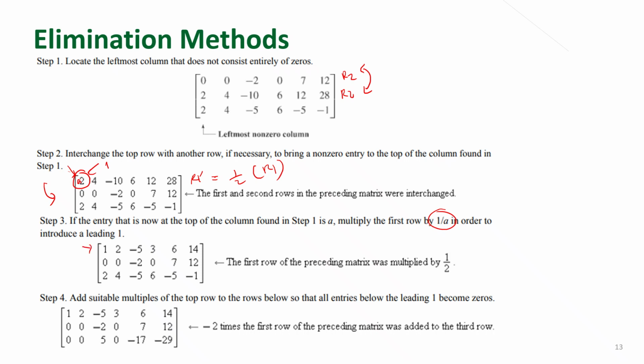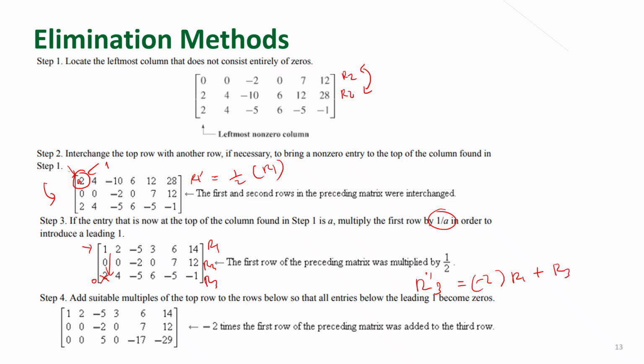Then we want to make everything below the leading one equal to 0, so this one is 0, right? What we should do is add row 1 to row 2 and row 3. So the new row 3 will equal minus 2 multiplied by row 1 plus row 3.